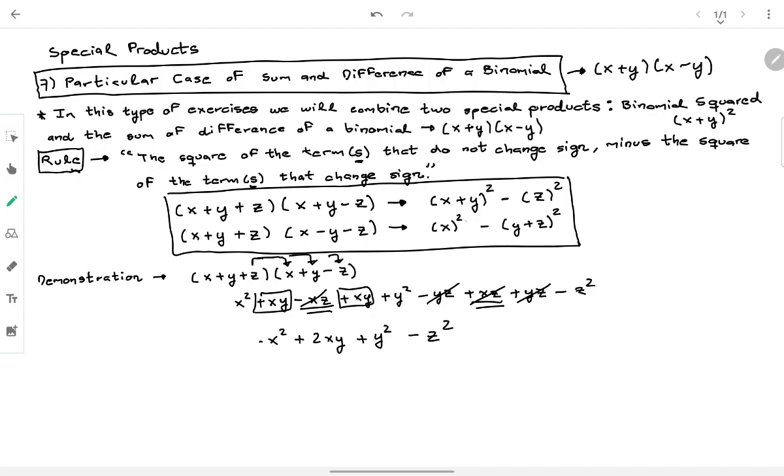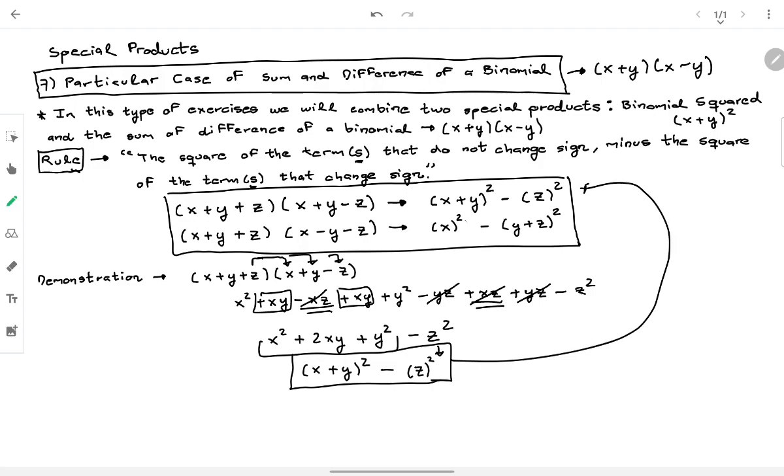So if we see this specific part, x squared plus 2xy plus y squared, it comes from x plus y squared, and this one of course is c squared. That's why we can have this specific formula that applies for this particular case of the sum and difference of a binomial.